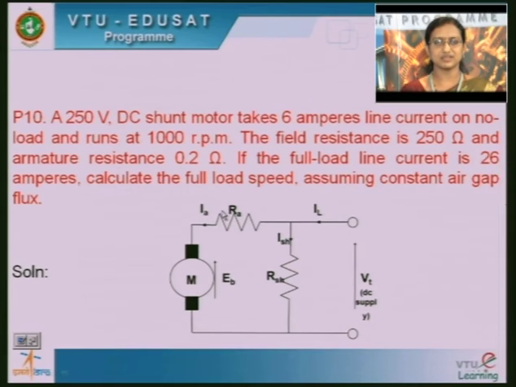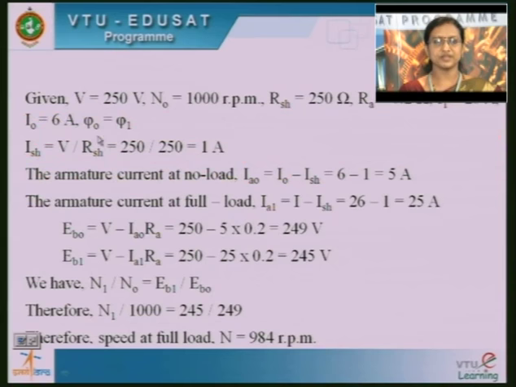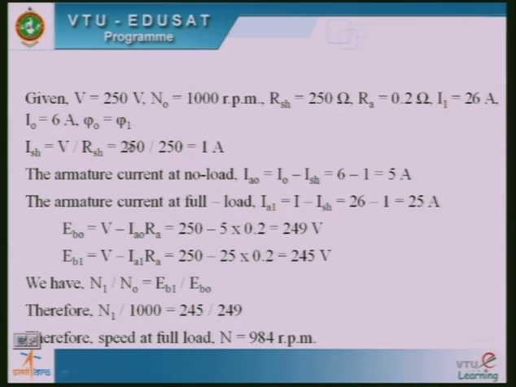Here flux is constant, phi naught is equal to phi 1. Collect the data given: V is equal to 250 volt, N naught is equal to 1000 rpm, RSH is 250 ohm, RA is 0.2 ohm, I1 is equal to 26 ampere, the full load current. Now, to get the armature current, you have to calculate ISH, because IA naught is equal to I naught minus ISH.